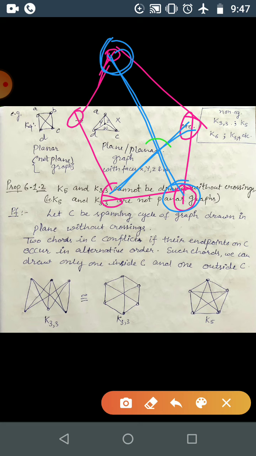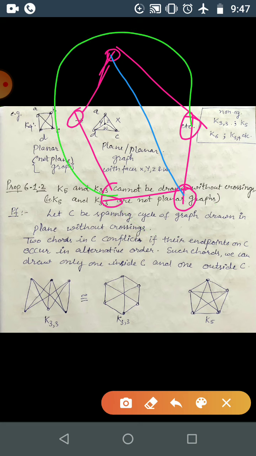Okay, how can you draw such chords? These two chords can be drawn only with one inside C5 and one outside C5. Only then will the crossing not be there. So these chords can be drawn with one inside this cycle C and one outside, because earlier it was crossing at this point, now it will be outside of this one, either this way, or you can just draw it like this, nothing else is possible, correct.